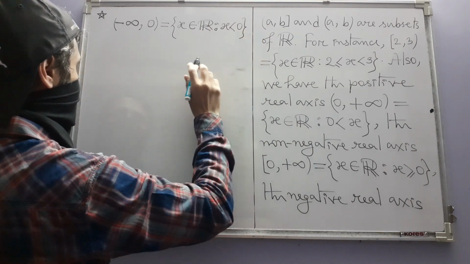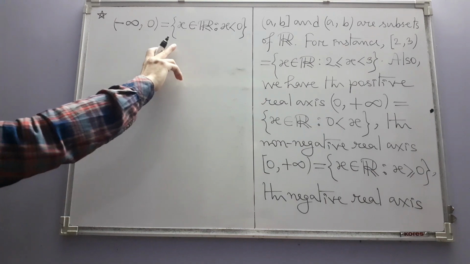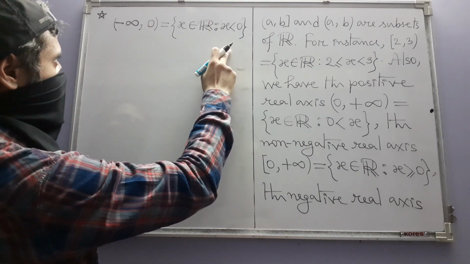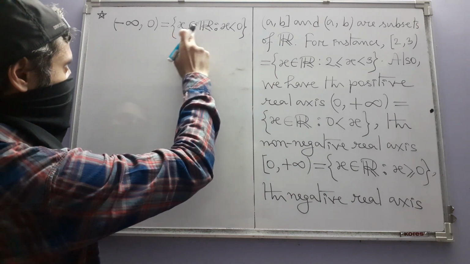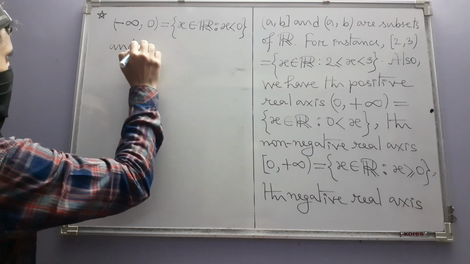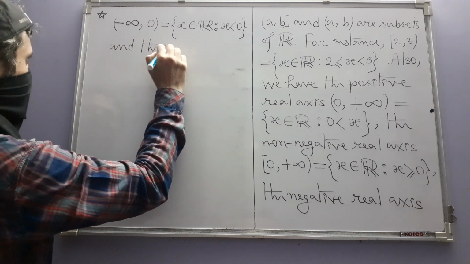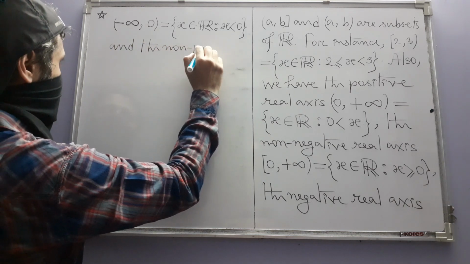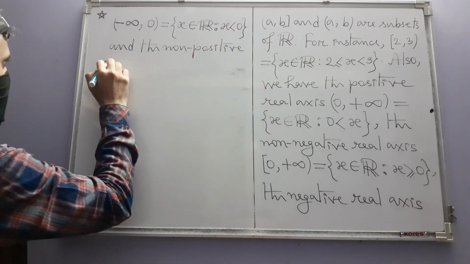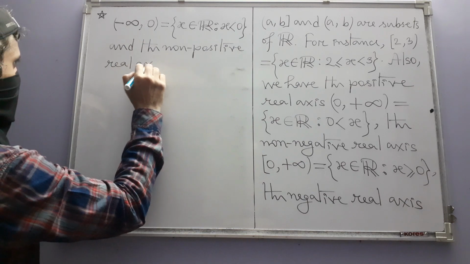Here also we are not bothered to write that x is strictly greater than minus infinity. That is taken care of by x coming from R. And the non-positive real axis.